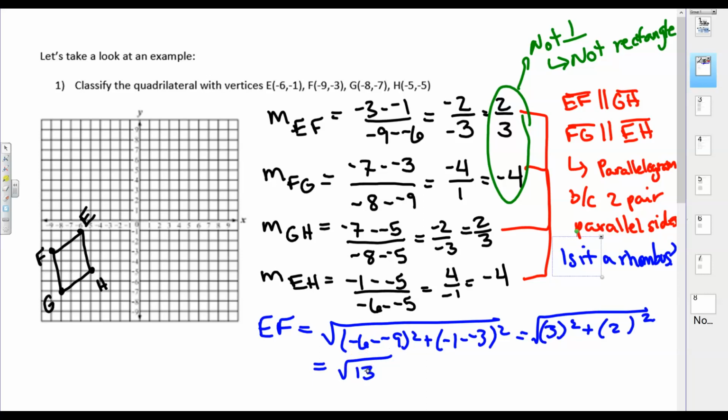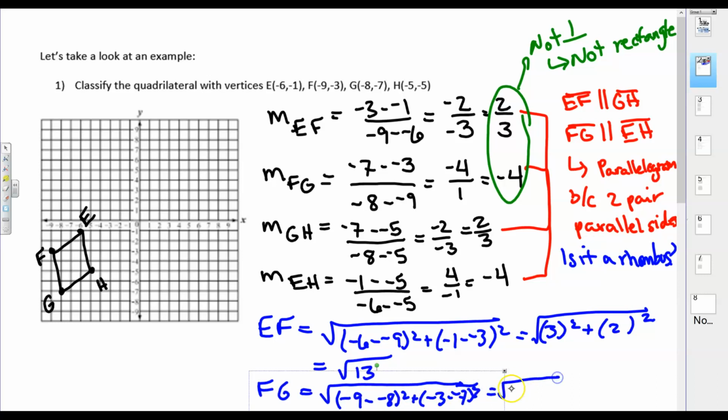That's EF. Now let's look at FG. FG equals the square root of -9 minus -8 squared plus -3 minus -7 squared, which gets me the square root of -9 minus -8 is -1 squared plus 4 squared, or square root of 1 plus 16, or root 17.